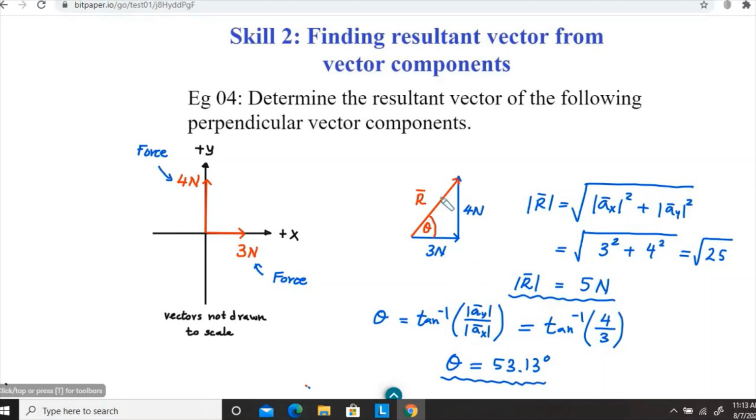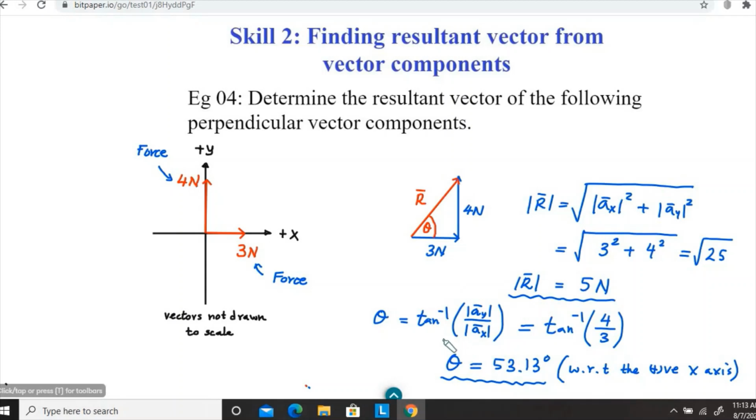So we figured out the magnitude of the resultant vector as well as the angle it makes with the positive x-axis. So here this is with respect to the positive x-axis.